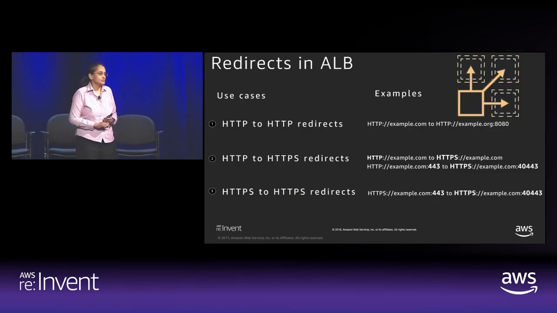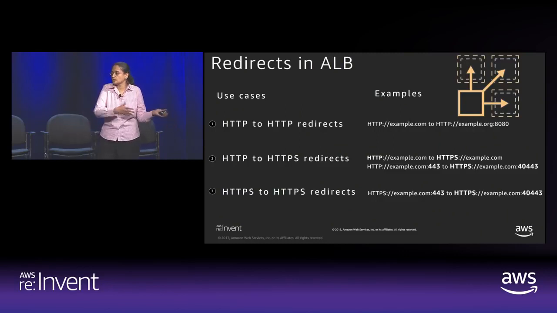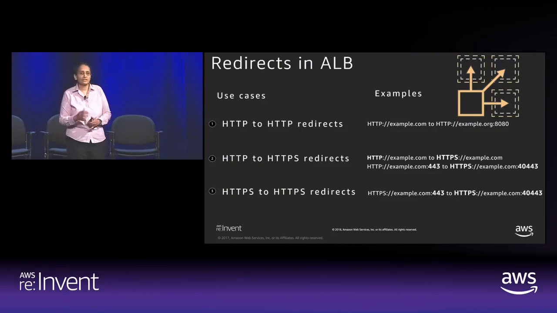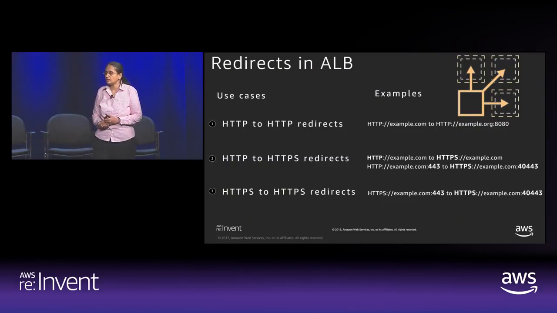This increases the security profile of your application. Or if you have different versions of your applications, you might want to route your customers from an older version to a newer version. This, again, is one of the key asked-for features on the application load balancer, and within months of launching it, we saw huge adoption.